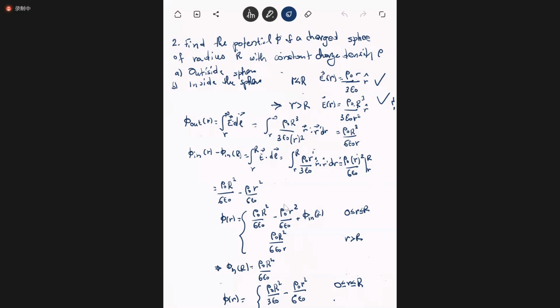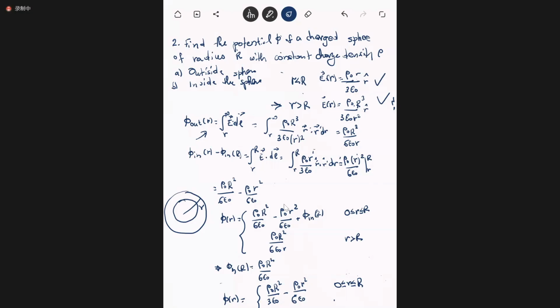So we have phi out, the potential when it's outside of the charged sphere, is going to be the integral from small r to infinity of E dr. Imagine this is the sphere, it has the charge, and this is the surface that we put outside, so this is the small r. And again, we assume that the potential at infinity is equal to 0.